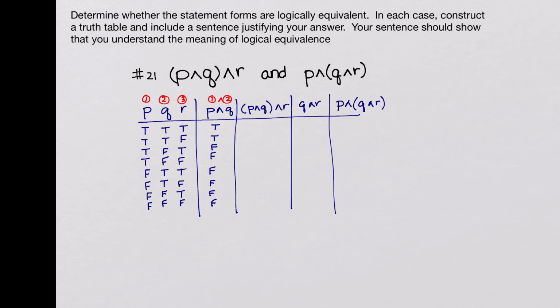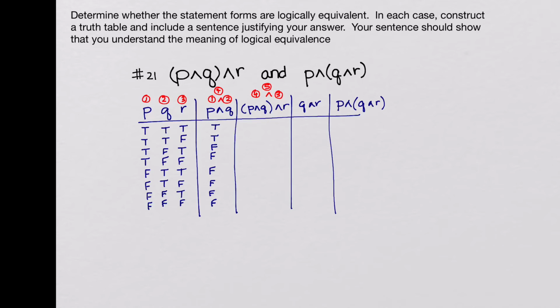Now, I'm going to take the result that I just got and combine that with column 3. So let's see, this would be column 4. So this is 4 and 3, which makes column 5.